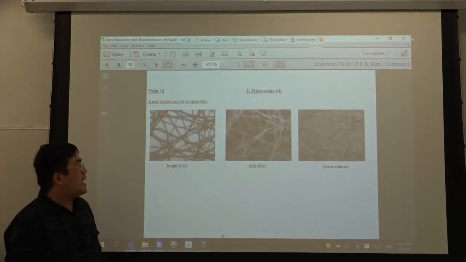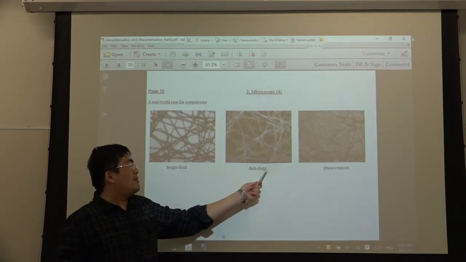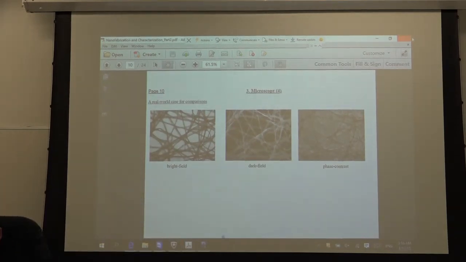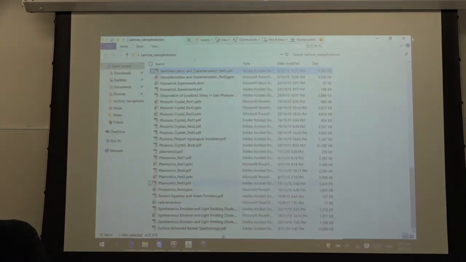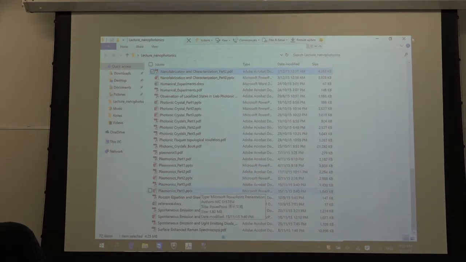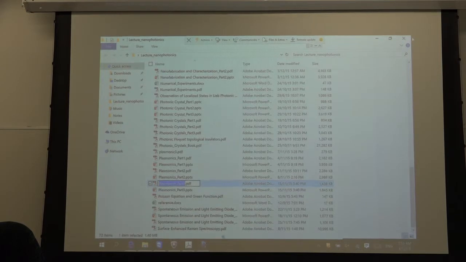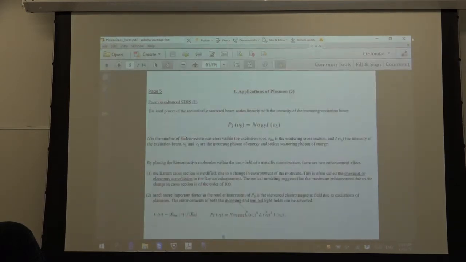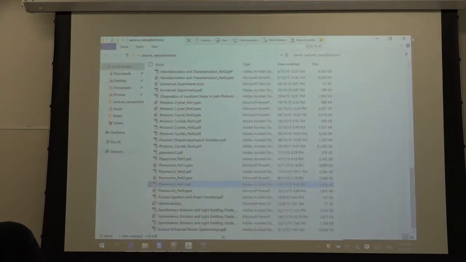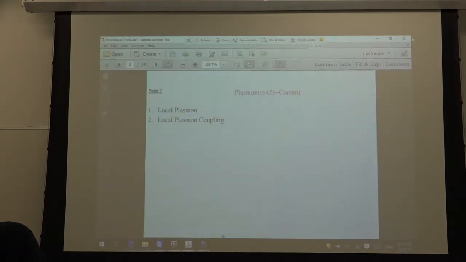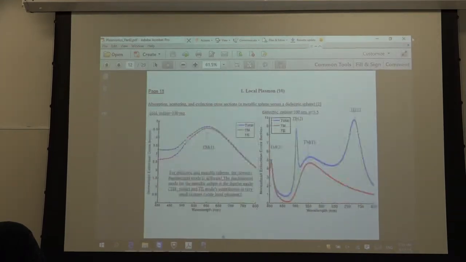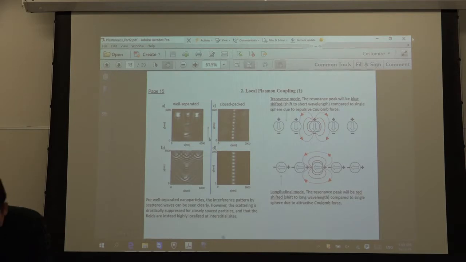The dark field technique is sometimes very useful in nano optics. I'll show you an example. I remember I gave this example, maybe in part 2. Yeah, this one.